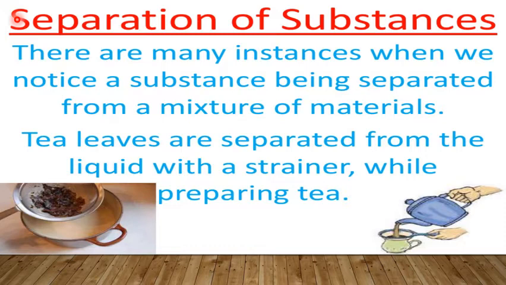preparing tea. So students, now tell me, हम किसी भी चीज को separate करते हैं क्यों? Why do we need to separate something? Yes, we separate something which we want or which we do not want. Here is one example in front of you.